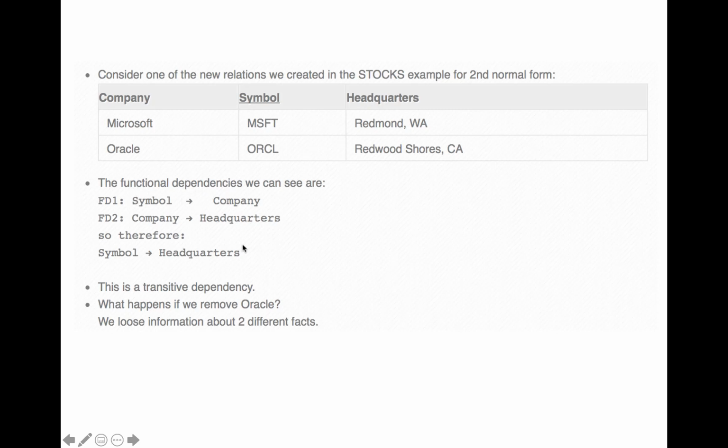What functional dependencies can we see here? Symbol defines the company. When I say MSFT, that's definitely Microsoft. Microsoft's headquarters is in Redmond, so the company specifies headquarters. Therefore, symbol specifies headquarters. This is called a transitive dependency.